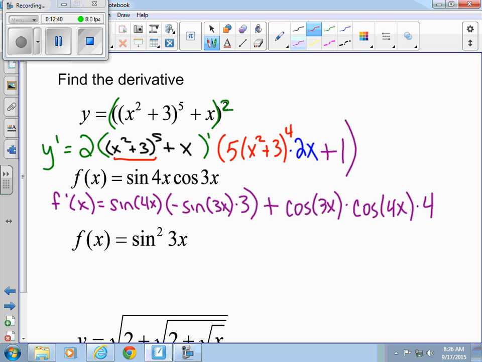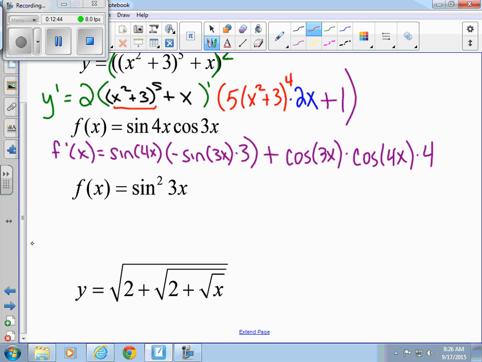So before I do anything on this one, Kelsey's saying if I've got a power, I need to rewrite it, because it really lets me know where my inside and my outside functions are. Any questions so far?